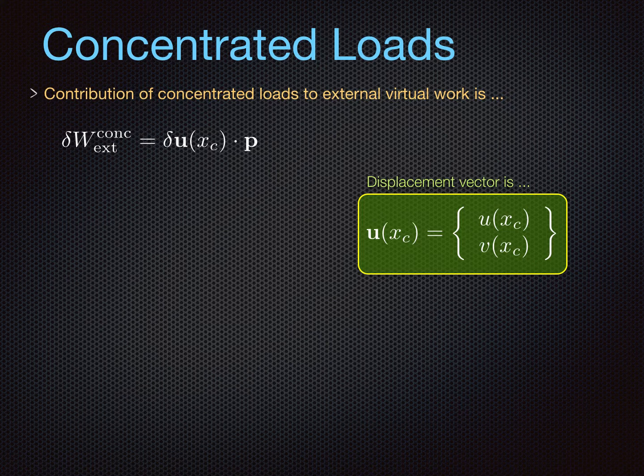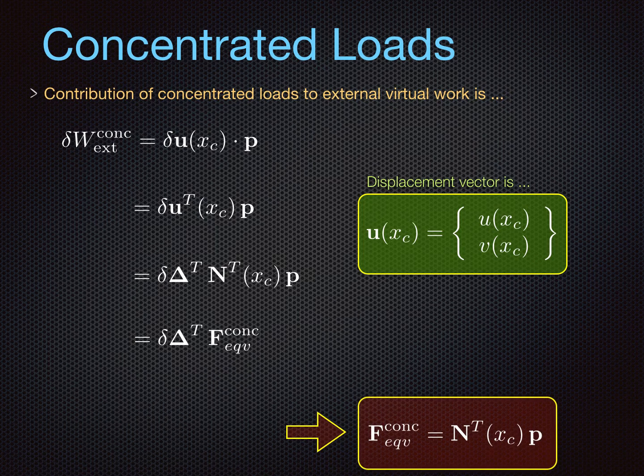So there's no integral involved in this case. All I need to do is go ahead and evaluate the shape functions at those locations. Because del u is simply del delta times N transpose. And if I evaluate N transpose at x sub c and multiply with that P, I will have obtained the concentrated equivalent nodal loads.